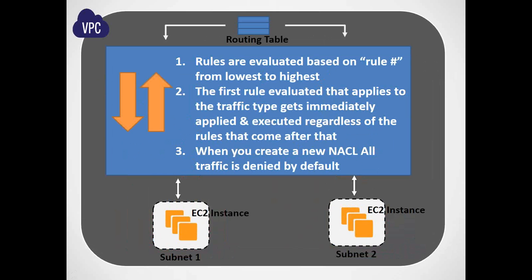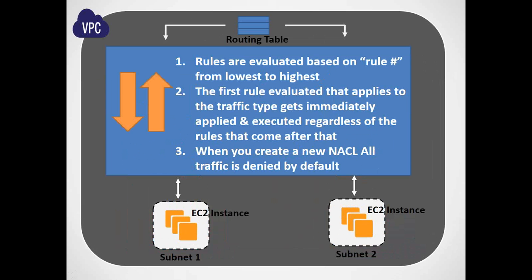So if you say I have 5 rules, then based on the rule number, first rule, second rule, third rule, it will execute in the same order, from the lowest to the highest. So first it will execute the very first rule, then the second number rule, the third number rule. That is how it will execute one by one from the lowest to the highest order.